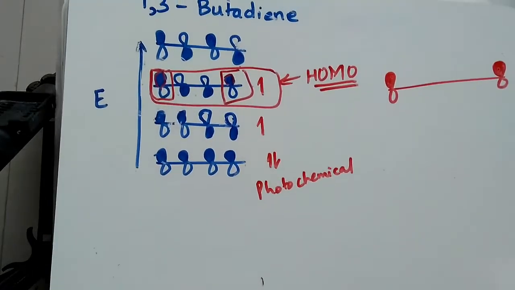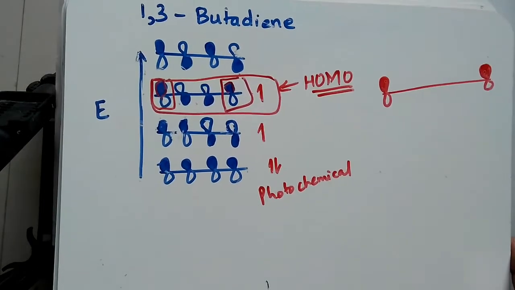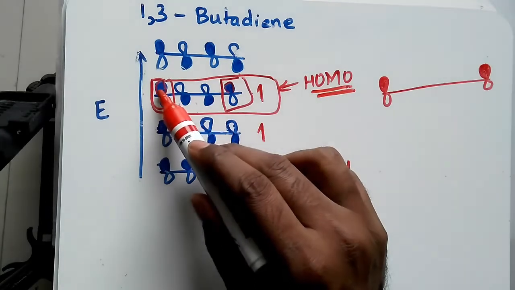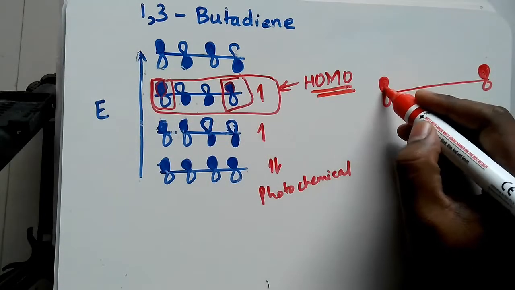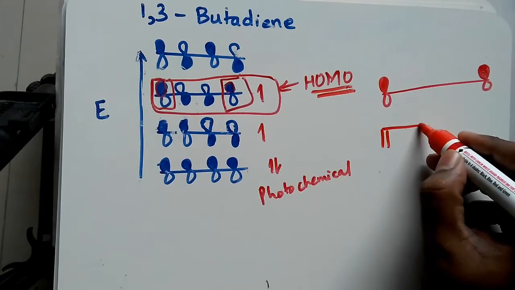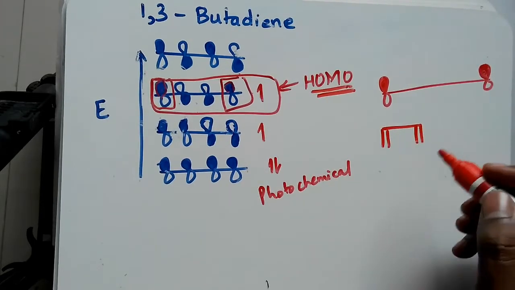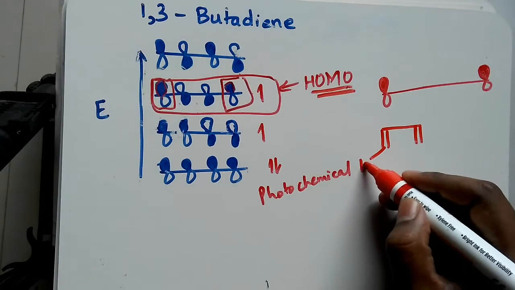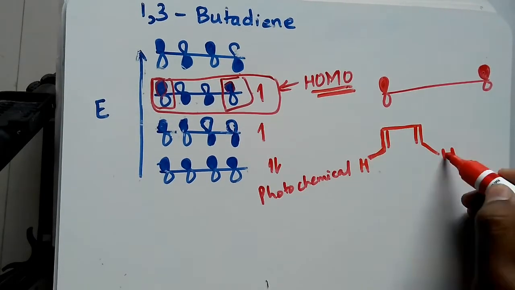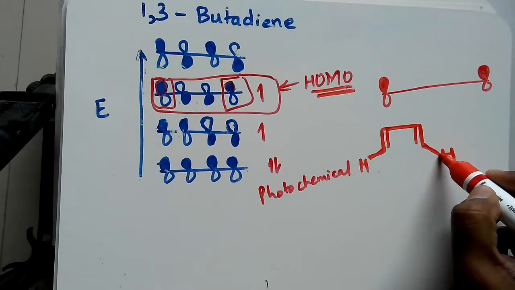Now let us consider the photochemical condition of 1,3-butadiene. This is the HOMO, the positive phase on the end carbons, both on top. So if we draw the 1,3-butadiene part, this hydrogen was trans to this part, and this hydrogen is trans to this part.